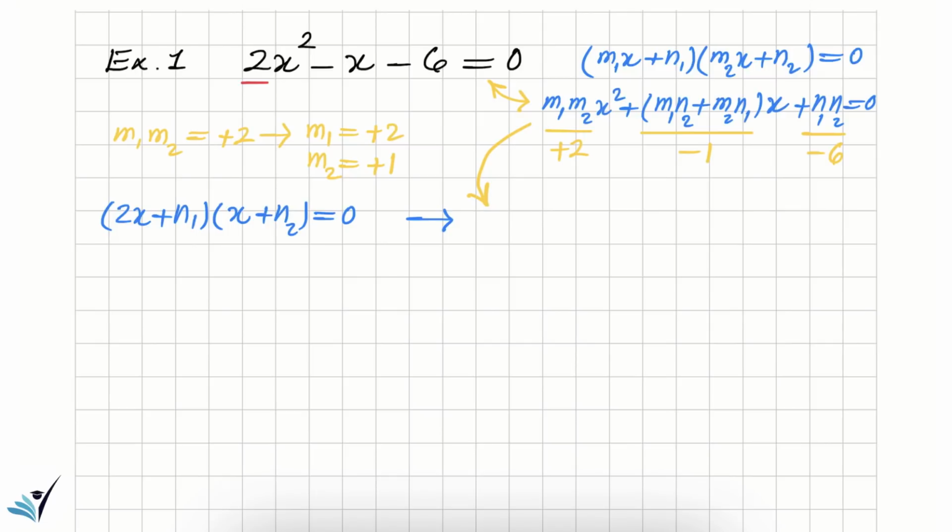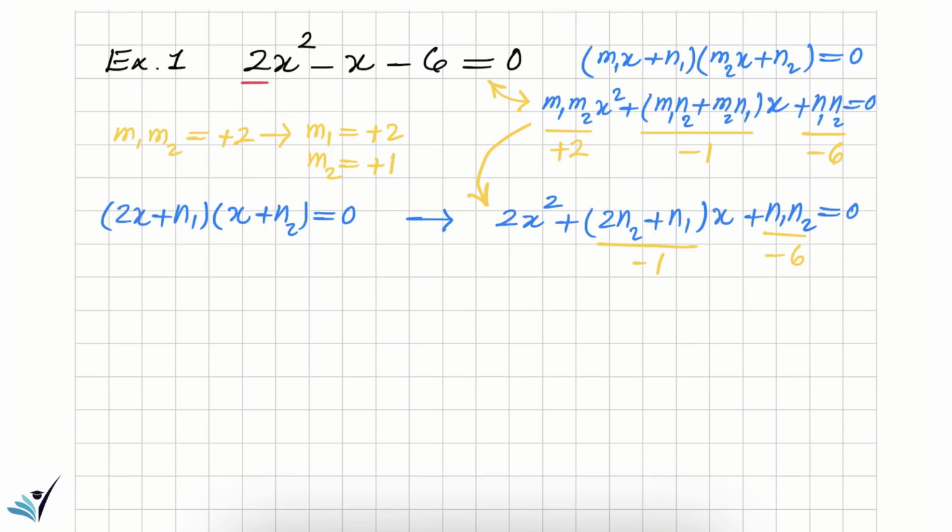So the final answer would be 2x squared plus (2n2 plus n1) times x plus n1 times n2 equals 0. And again, n1 times n2 has to be negative 6 and 2n2 plus n1 has to be negative 1.